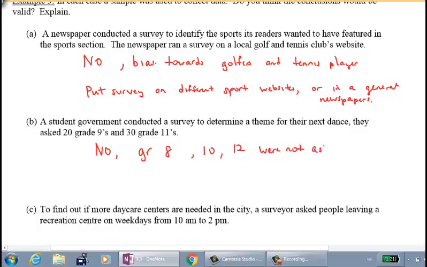How do you think the grade 9s and 11s may represent the entire school? So what can you do instead, perhaps? Well, maybe I would survey students from all grades.